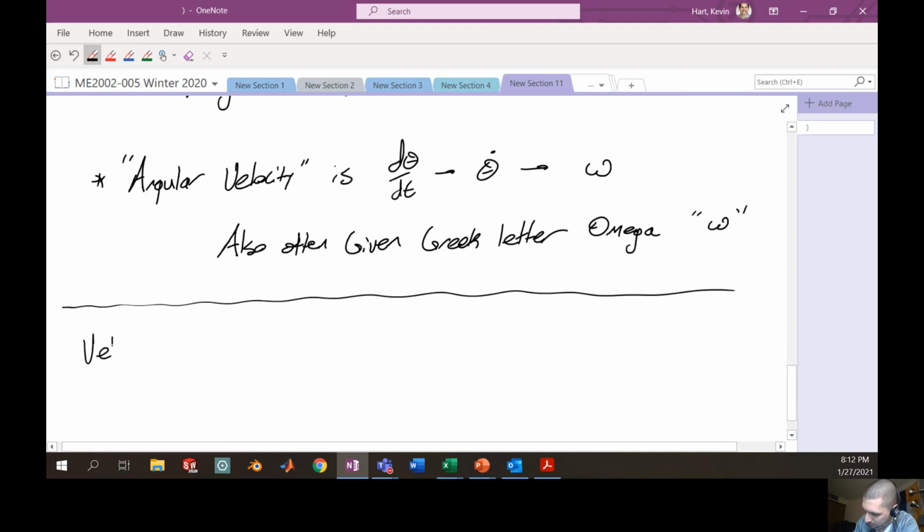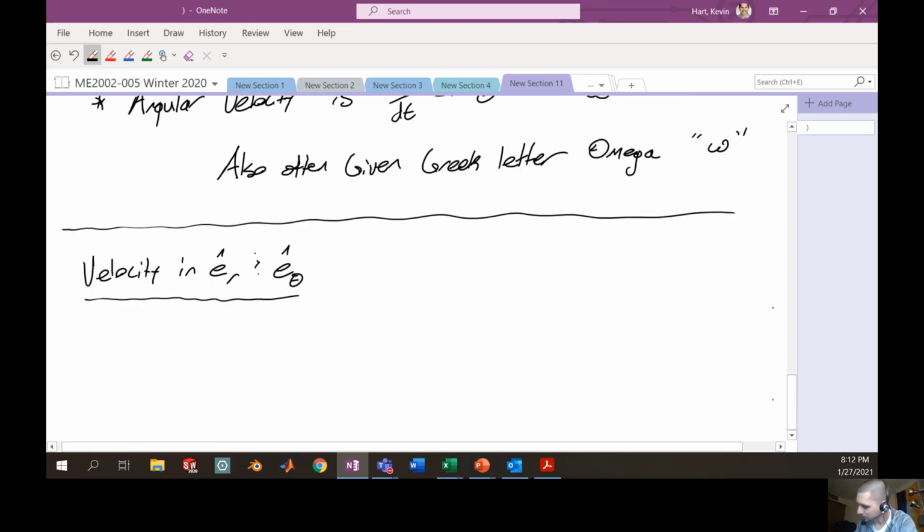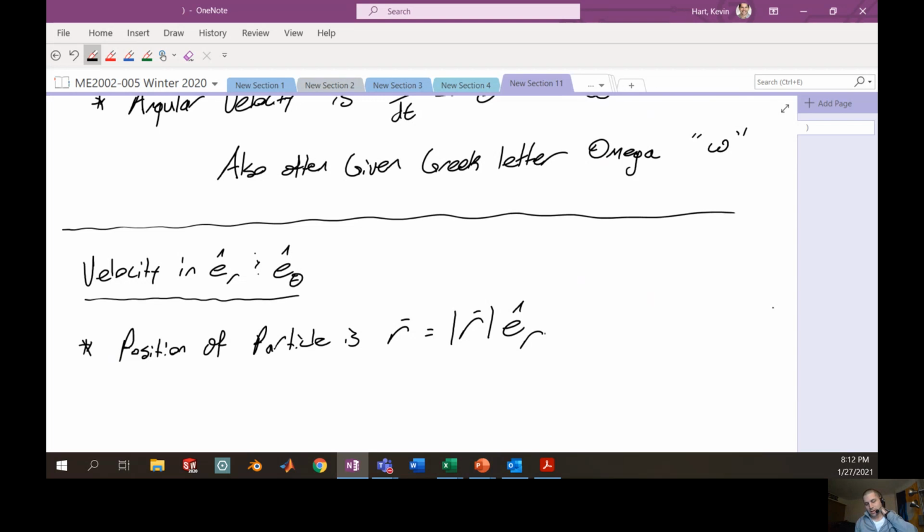So velocity. Position is given by our typical position vector: the magnitude of the position vector, in the direction of the unit vector e hat r.